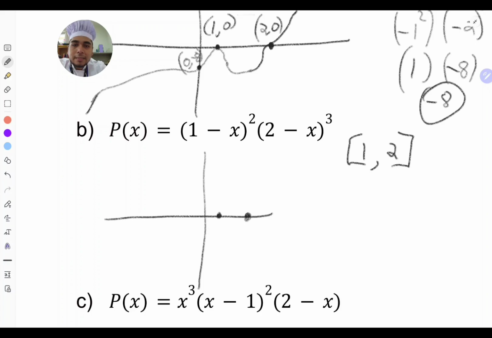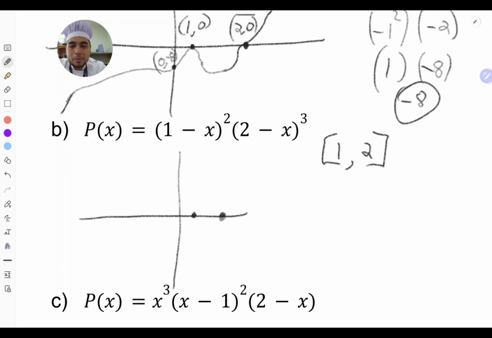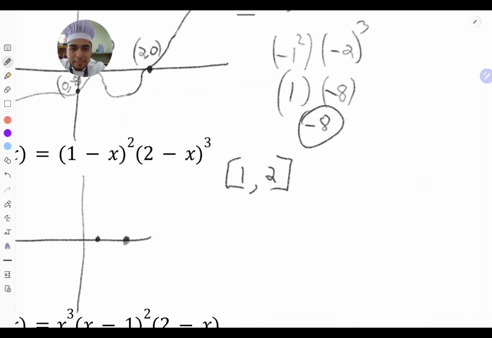In order to do that, we have to check our multiplicities. So our multiplicity is 2, and our multiplicity is 3, which means that the multiplicity of the 0 at 1 is m equals 2, and the multiplicity at 2 is m equals 3.